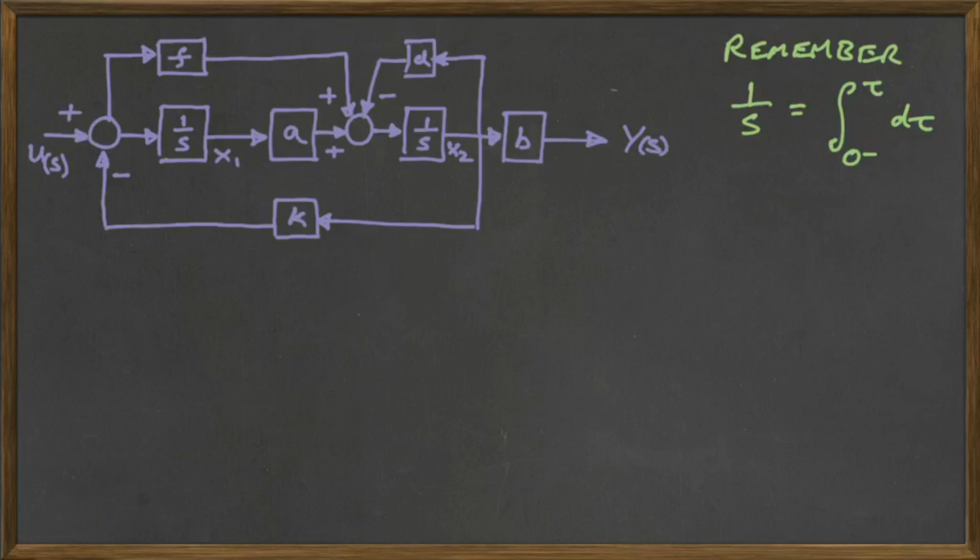So this will allow us to write our differential equations for x1 and x2. And then the only thing we need other than the state equations is the output equation, which in this case would constitute y. So let us take a look now at how we would go about doing that.